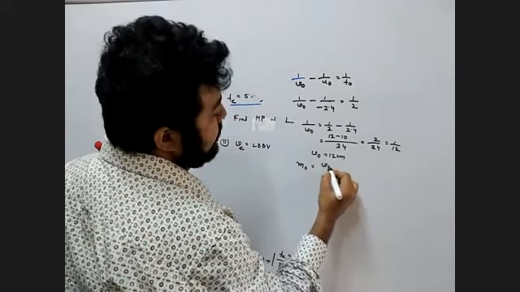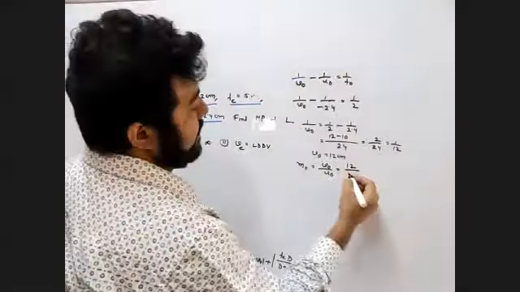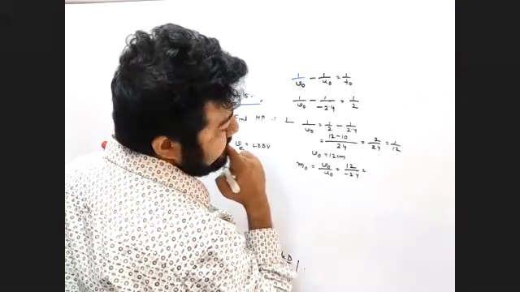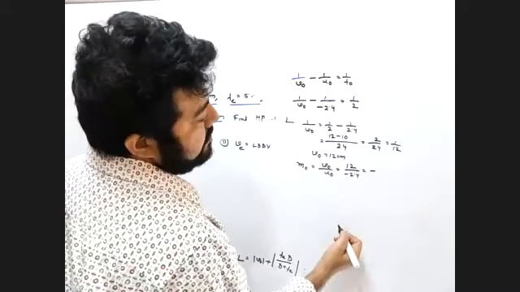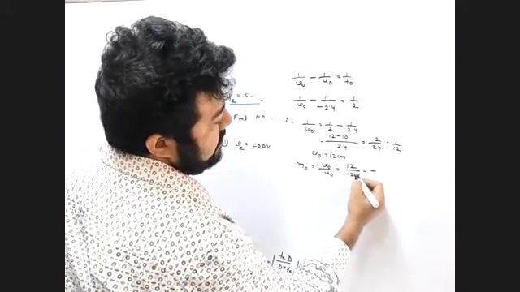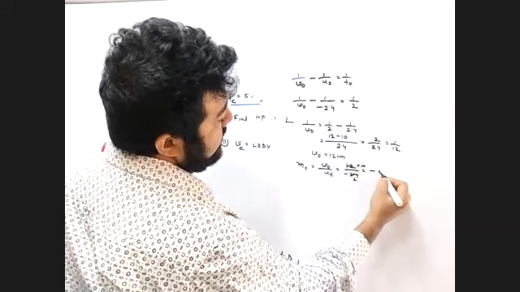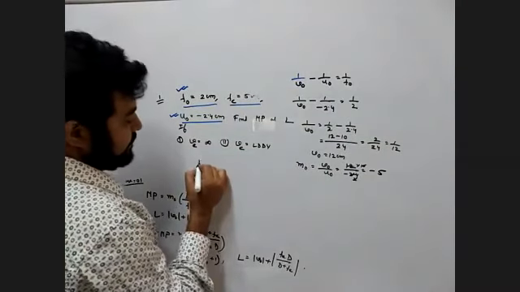So m naught is V naught by u naught, that is 12 by minus 2. So how much will it be? Minus 5. Okay. Now the first one.